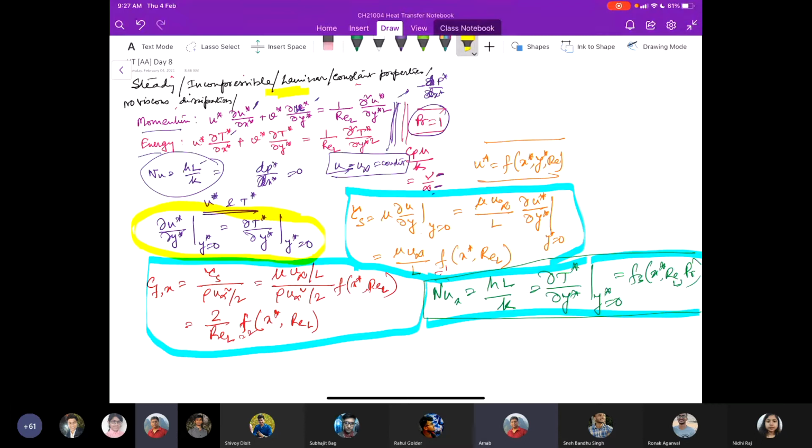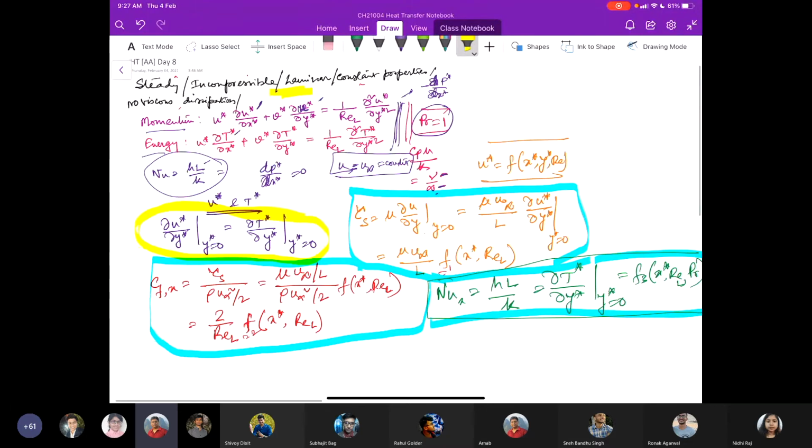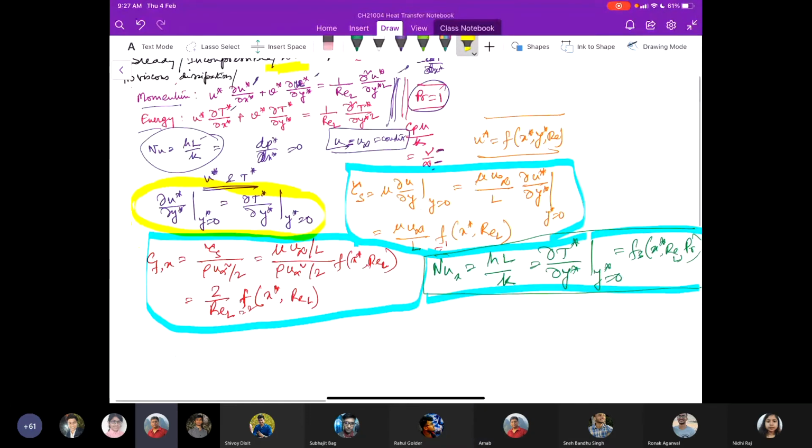Okay. So what does it do then? What happens to this? So in the coefficient of friction, we can replace the Nusselt number.